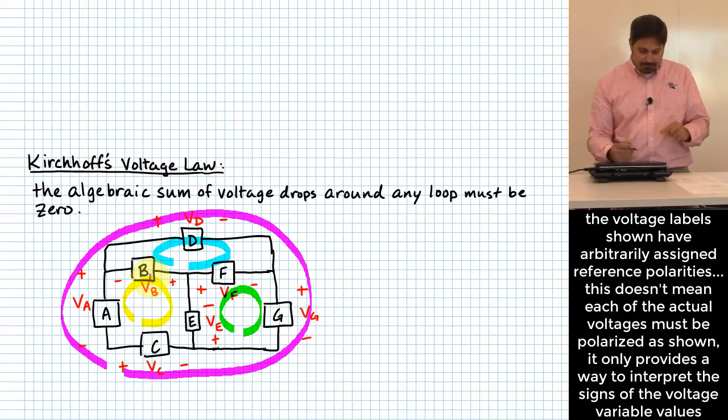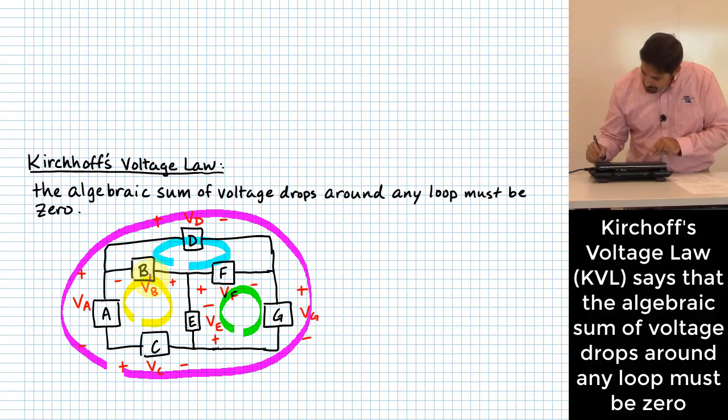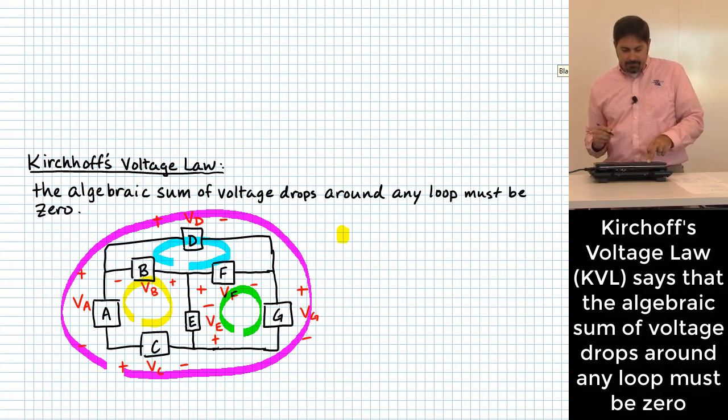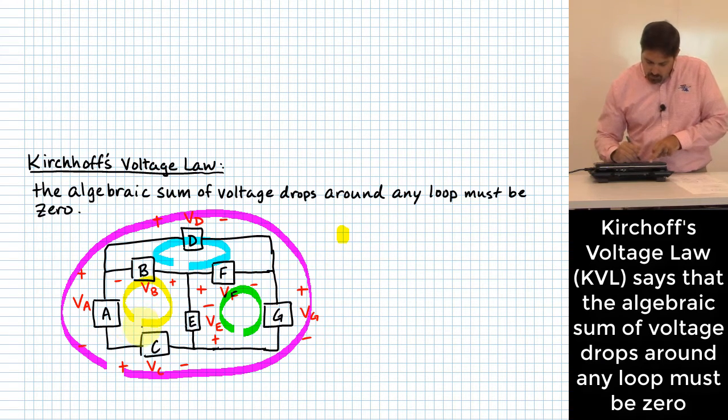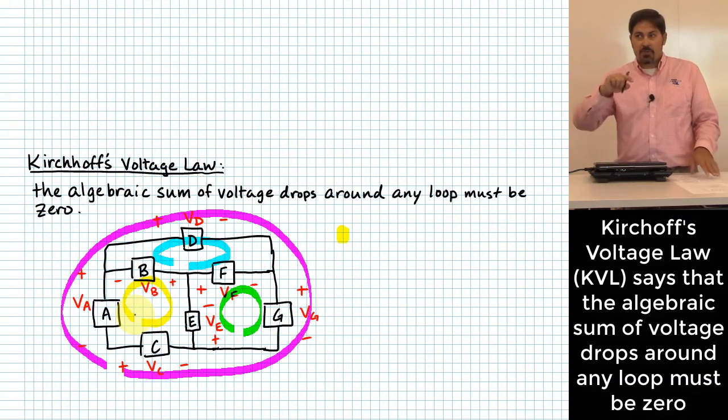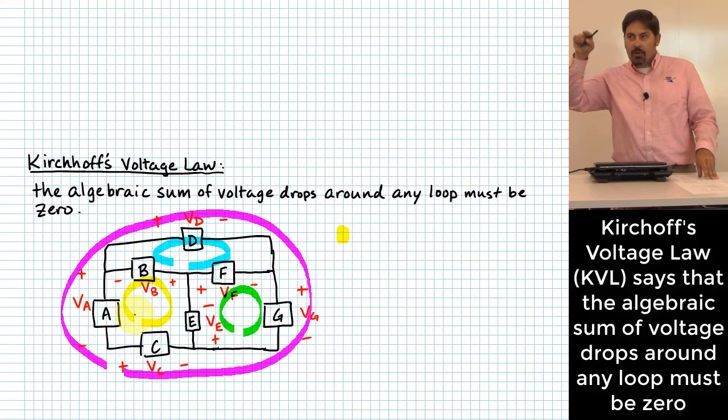Okay, so let me start with maybe my yellow loop right there. What would that sum look like? All right, we're doing voltage drops being positive. And in order for that to have meaning, we need to choose a direction that we are going around the loop.